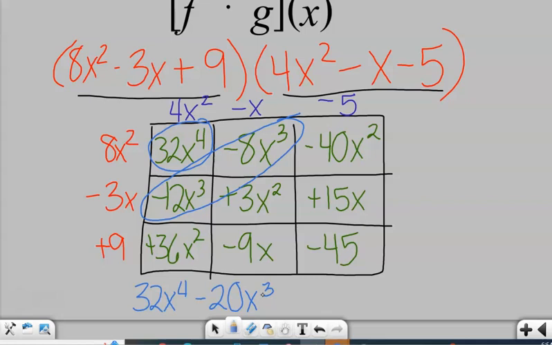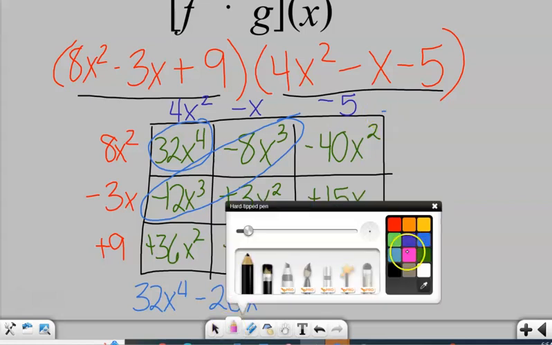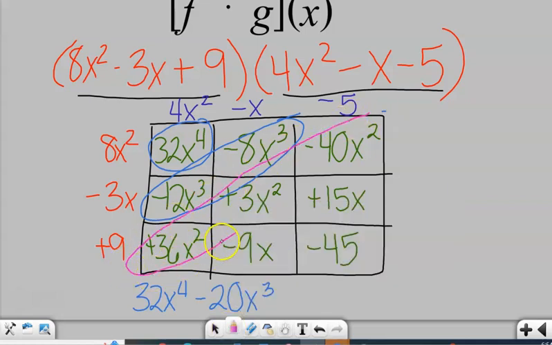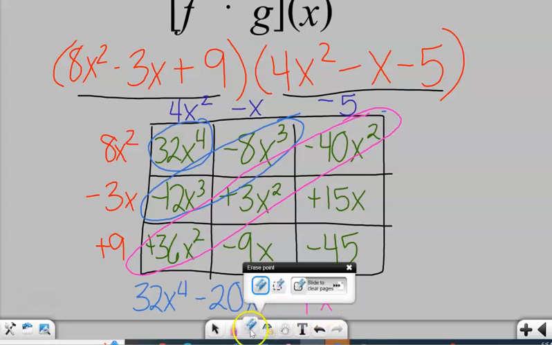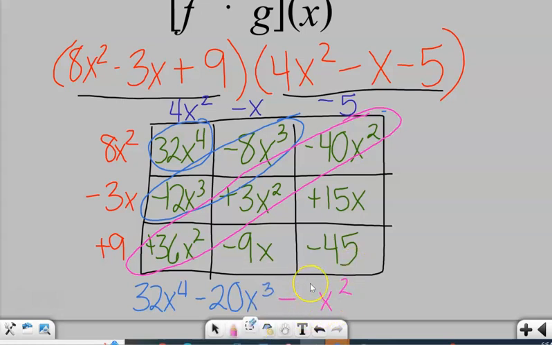And then I have a whole bunch of squares right here in the middle. I'm going to grab a different color for them. I've got positive 36, positive 3, and negative 40. You can certainly use your calculator for that, or you could just add them. I know these two add to give me 39, and then I have a negative 40, which gives me negative 1x squared. Now remember that we're going to ignore the 1.